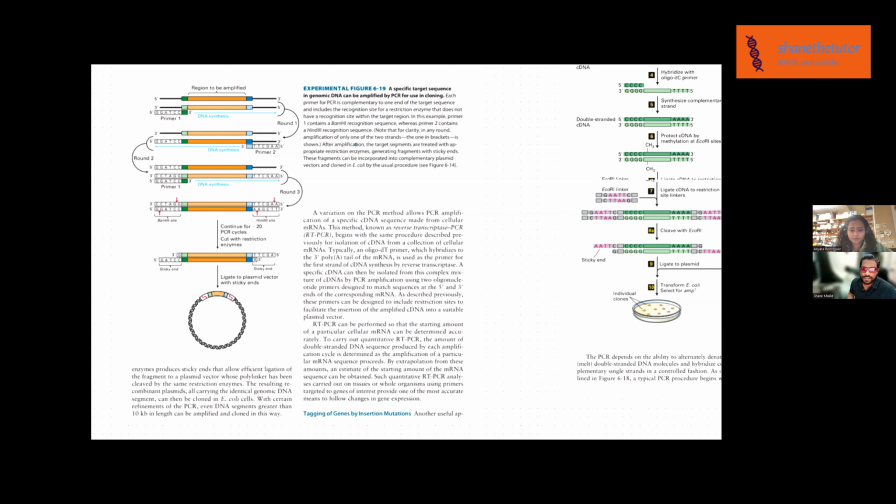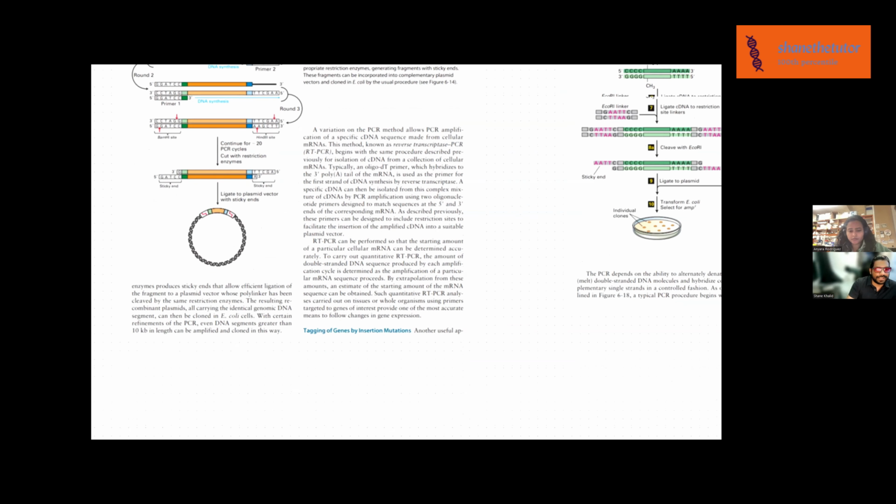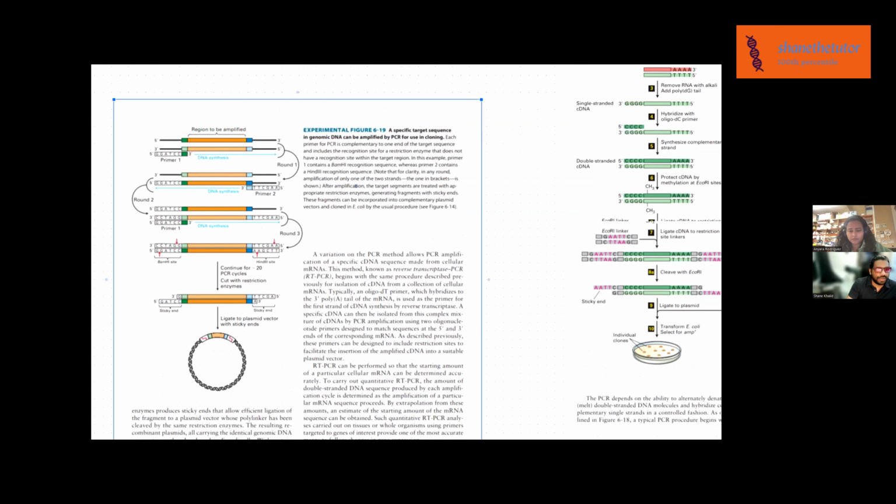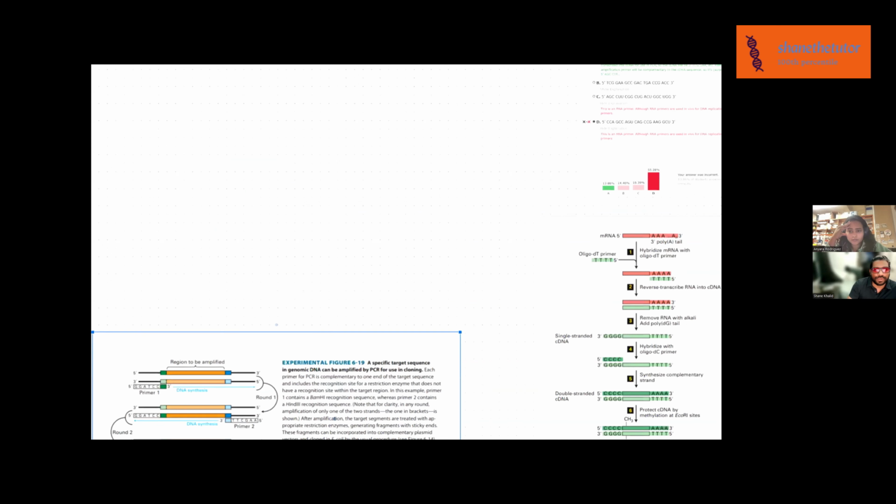So you can see in this image here, each primer for PCR is complementary to one end of the target sequence. So we have a region to be amplified. So that's the region in the question stem, like AGC, CTT.